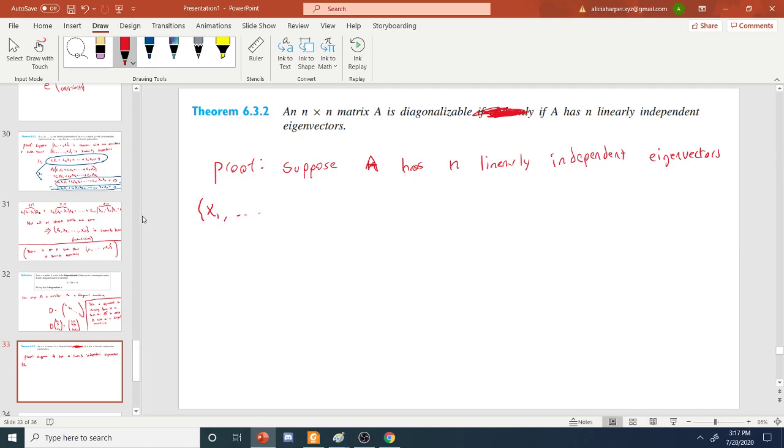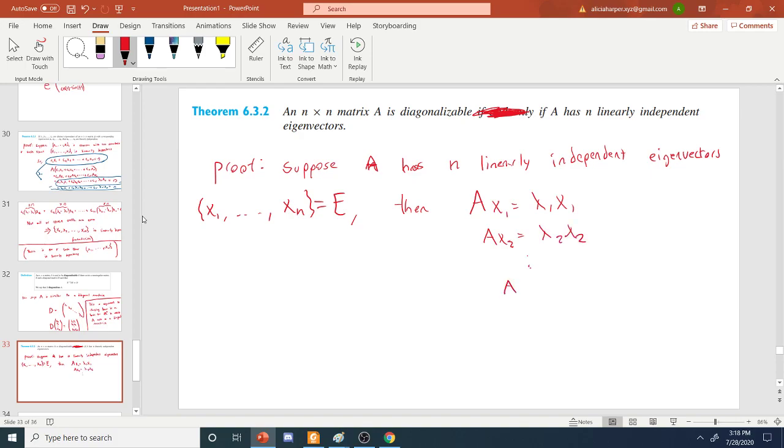x1 through xn. And we're going to call this set E. Then A times x1 is equal to lambda 1 x1. A times x2 is equal to lambda 2 x2.